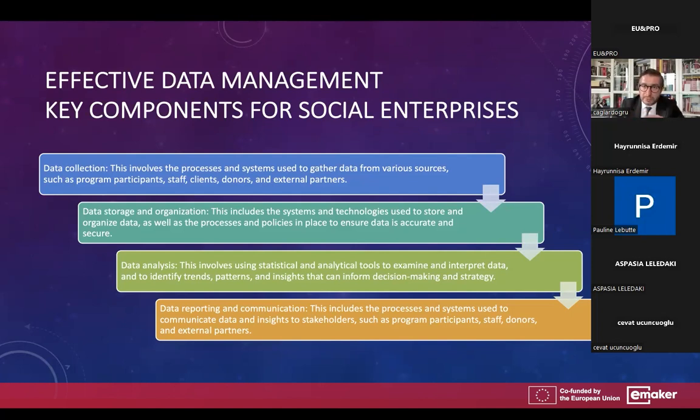And also, we should be aware of the policies to make the data accurate and secure, because here security is also important after the collection and also storage. You know, there are some system leaks in some of the data collection databases maybe. So here we should be aware of the leaks, and we should be in a position to secure the system. Okay, it's important in our age.